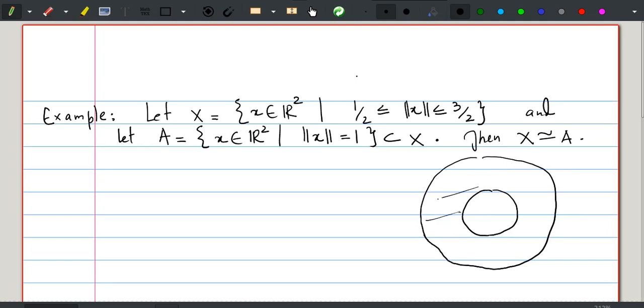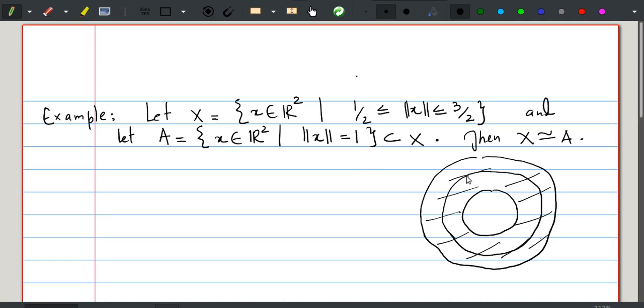So this is our annular region, this is our X, and this is the set A. It contains all the points of R2 which lie on the circle of radius 1. So this is our A. Now what we have to prove? We have to prove X is homotopically equivalent to A.